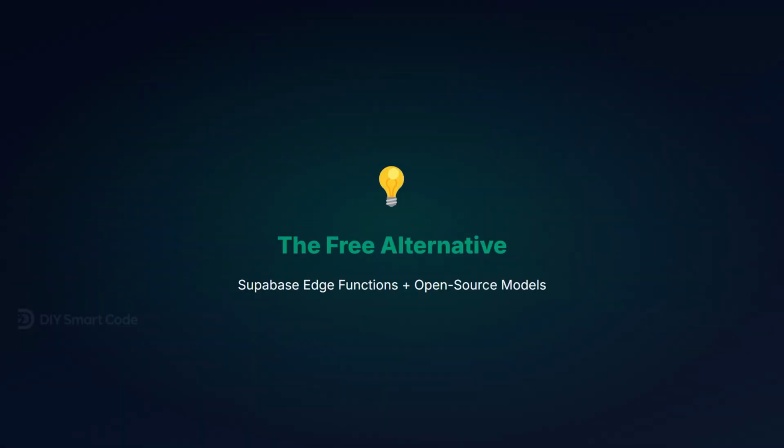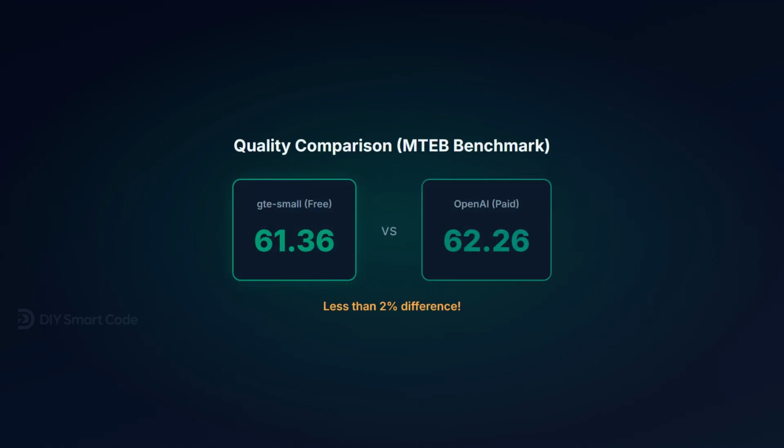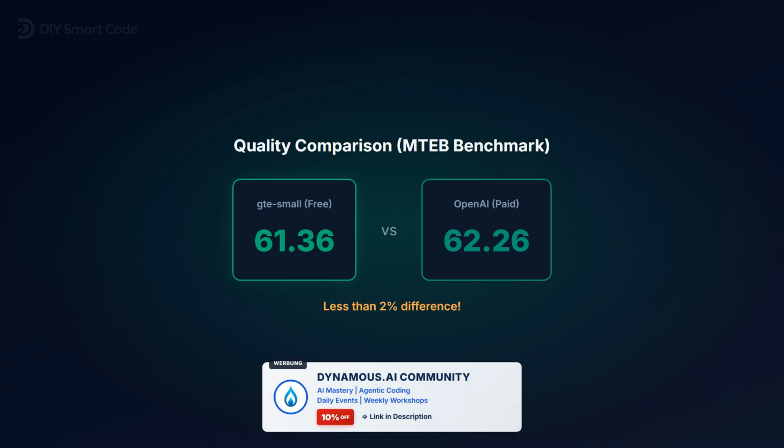But here's what almost nobody talks about. You can generate embeddings completely free using open source models right inside Supabase Edge functions. Models like GTE Small from Hugging Face are free to use and included in your Edge function compute. And here's the thing, the quality difference is tiny. On the standard MTEB benchmark, GTE Small scores 61.36, OpenAI's model scores 62.26.